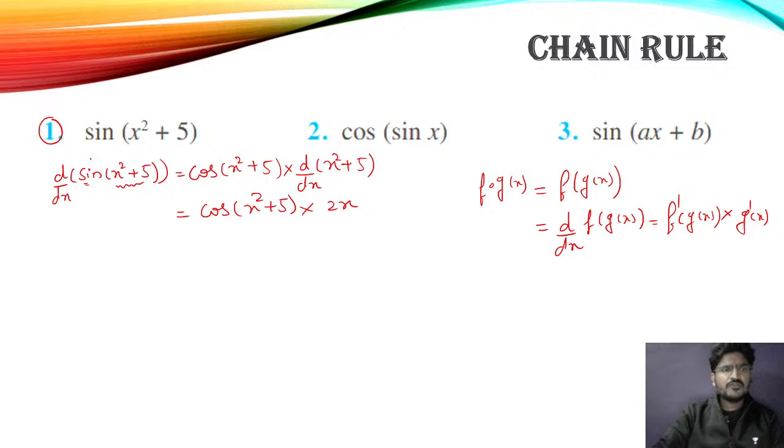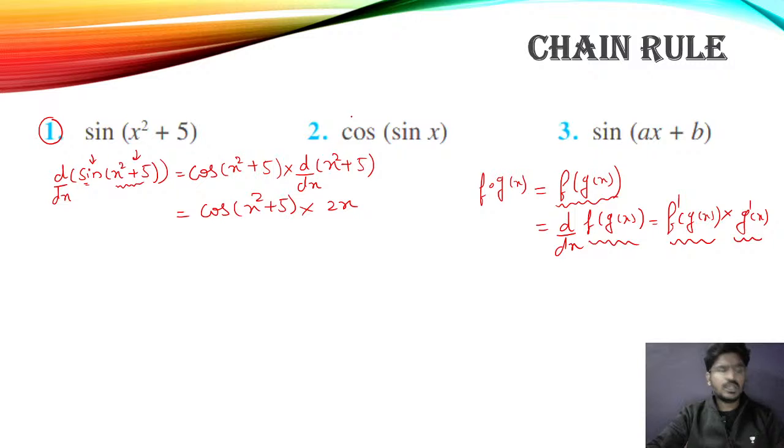Here f is sin, g is x square plus 5. So what I can do, I can write it as f of g of x, differentiation will be d by dx of f of g of x. So it will be in the form of f dash of g of x multiplied with g dash of x. Clear? So like this you have to simplify.